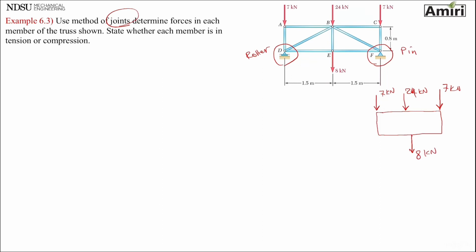Pin has Fx and Fy, and roller has just a vertical component, Dy. Let's see. If I write summation of forces in x direction is 0, the only force I see in x is Fx.